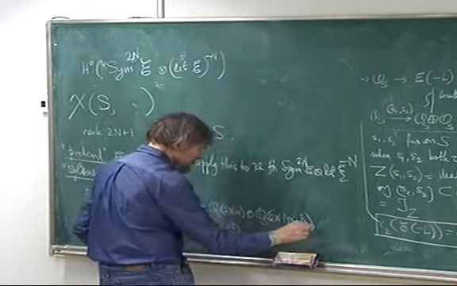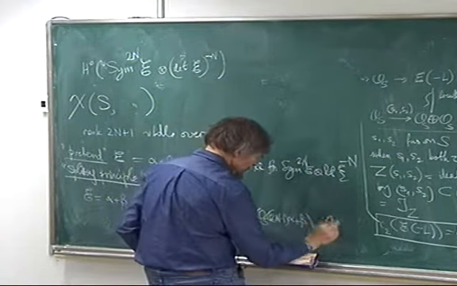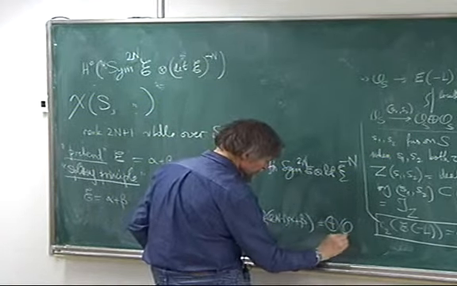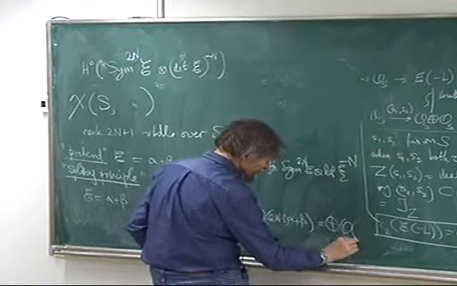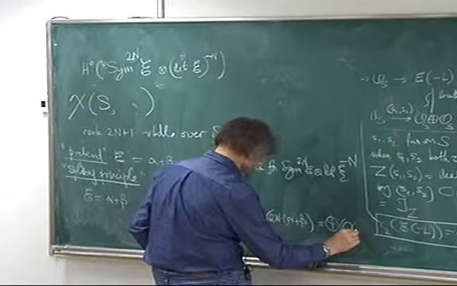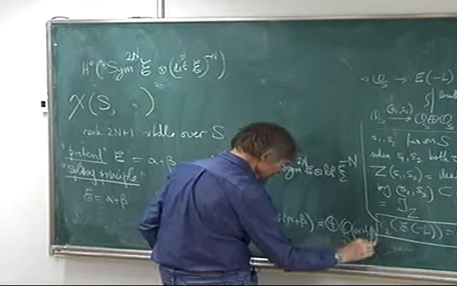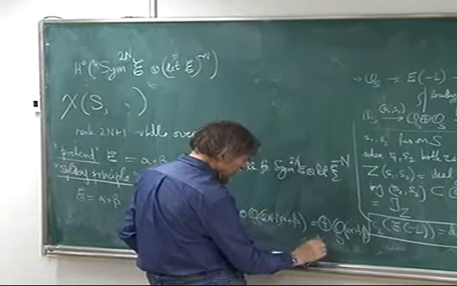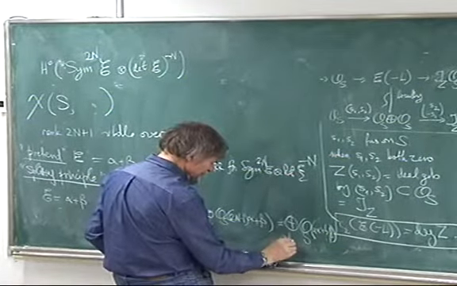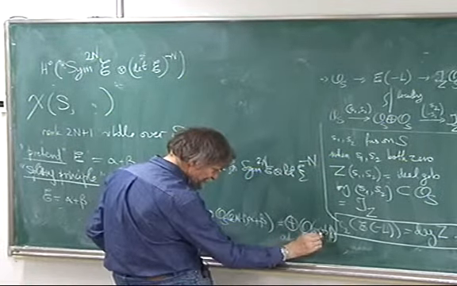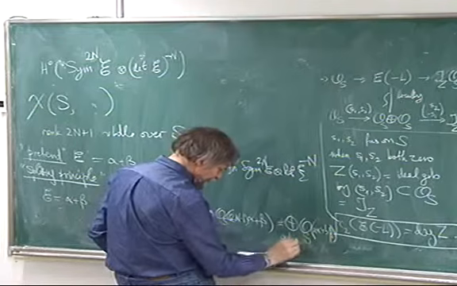So this is the direct sum of OS of A alpha plus B beta with A plus B equals 2n.